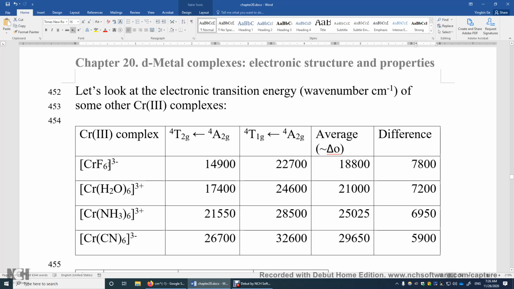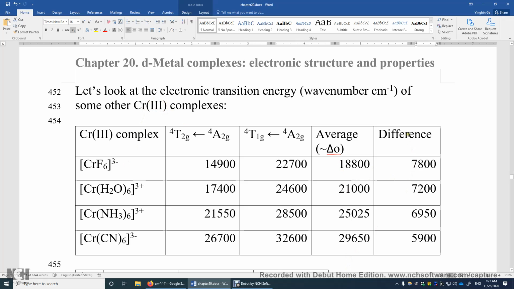I think the weakest field ligands in the common spectrochemical series are iodido and bromido, I think. They actually can better donate their lone pair electrons to the transition metal center. So that's one reason. Another reason, of course, is this oxidation number of 3 is larger than 2.